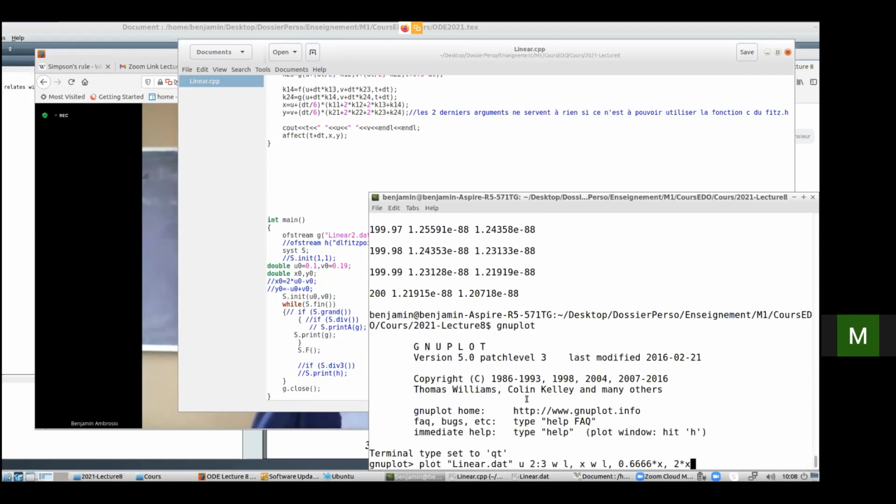Okay, then I'm going to plot again the same thing, but I will add my other trajectory.